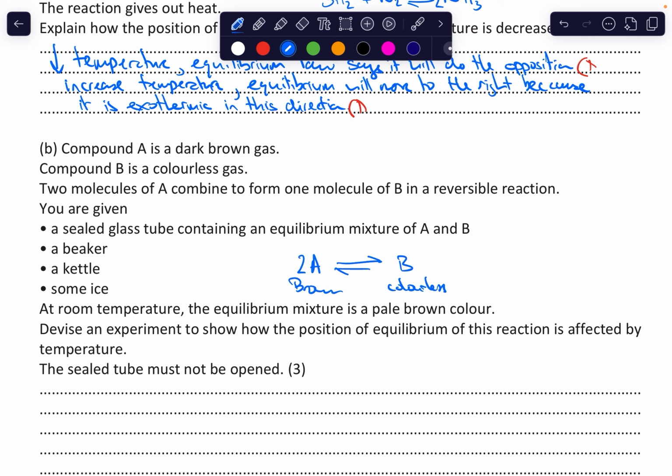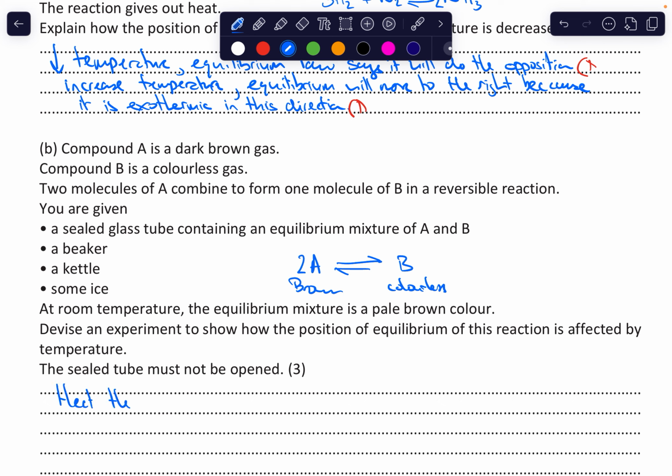Okay, and it says so how it's going to change due to temperature. So what you would do here is you're going to heat up the tube and see what happens to the colour changes. Okay, so the first thing to do is probably the best way to heat this tube up.